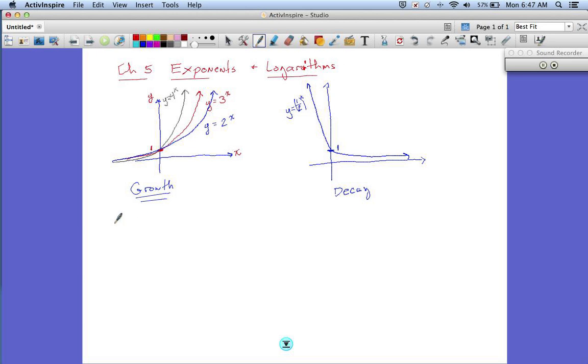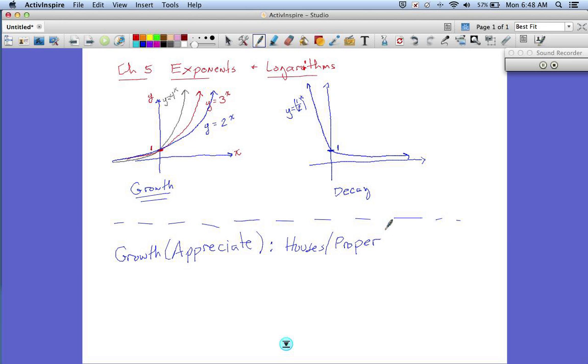So let's start looking at some examples here of exponential growth and decay. And let's see if we can think of some real-world situations where things grow. Growth, or in other terms, appreciate in value. This is not an exact science, but you can typically say that houses or property appreciate in value. However, in a bad economy, this stuff does depreciate, but typically it appreciates.